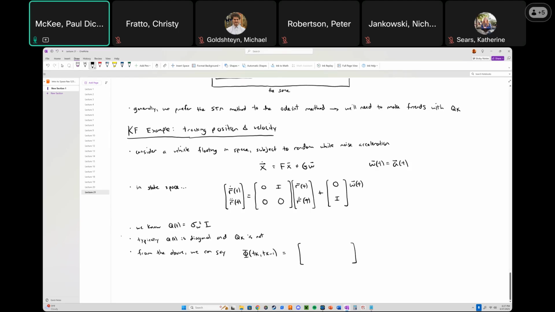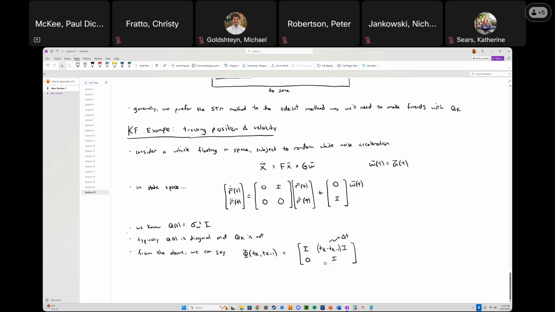It's going to be identity matrix, then delta t times the identity, 0, and identity.